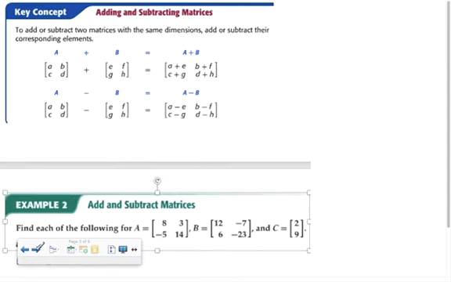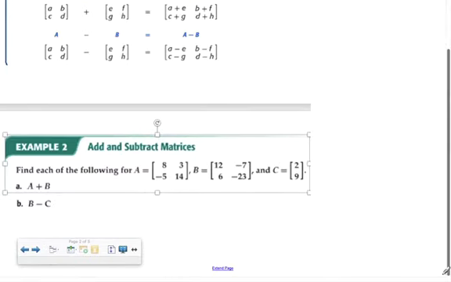And of course, adding and subtracting matrices is very intuitive. You're just adding the elements in the corresponding positions. So in the next example, part A, I'm adding matrix A to matrix B. So for part A, the sum of those two is 20, and then negative 4, 1, and negative 9.